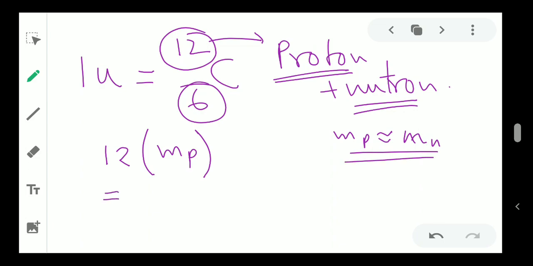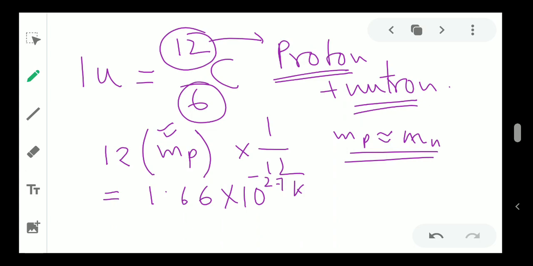If we calculate this and then take 1/12 of it, we get the mass of one proton, that is 1.66 times 10 to the power minus 27 kg. So ultimately 1 u is 1.66 times 10 to the power minus 27 kg, which is nearly the mass of a proton.